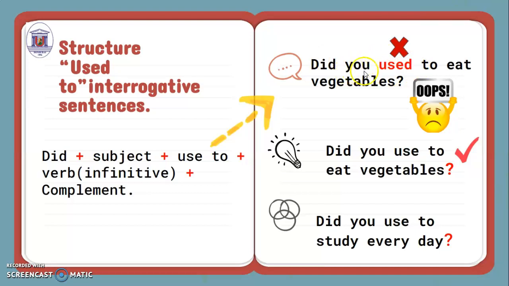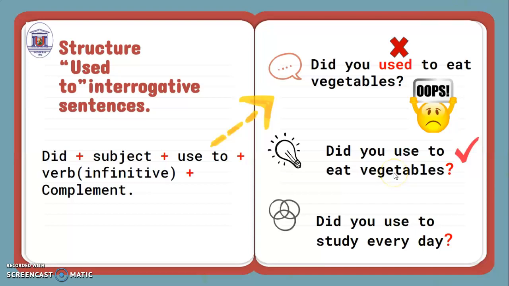Just say, did you use to eat vegetables, without the letter D. Here I have an example and this one is excellent. This one is okay. Did you use, if you can see here we don't have the letter D. Did you use to eat vegetables? It's a question.